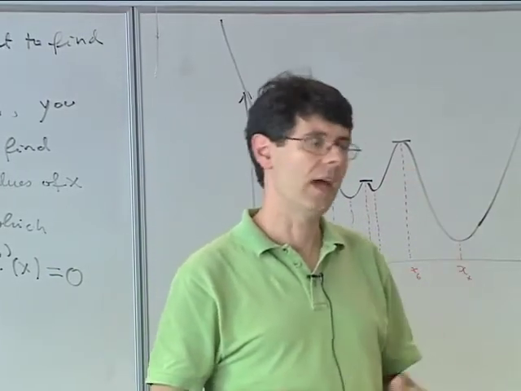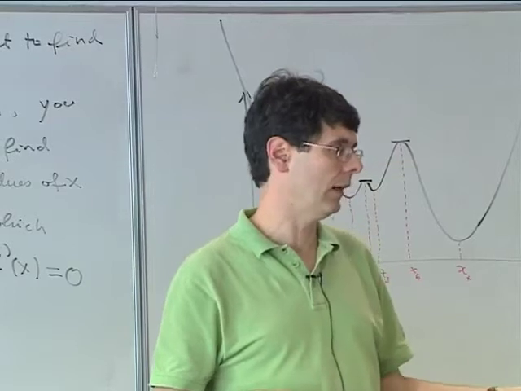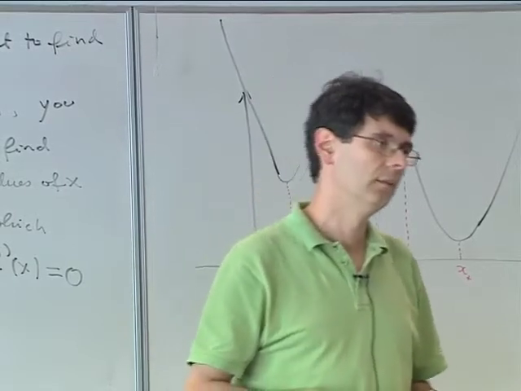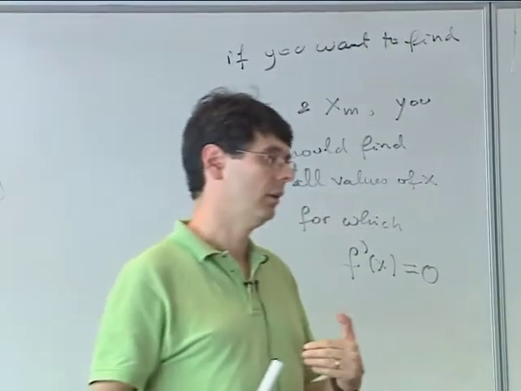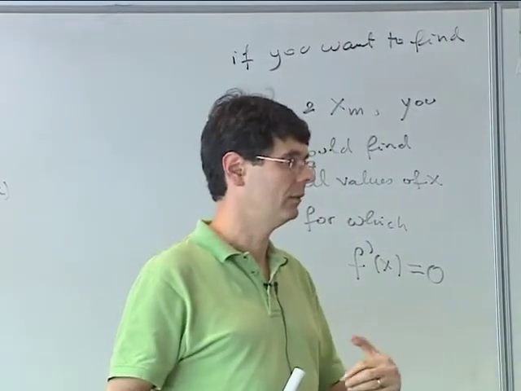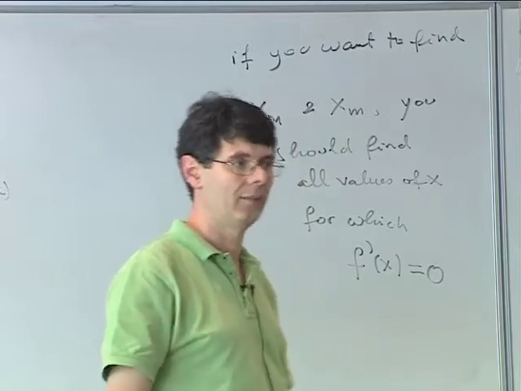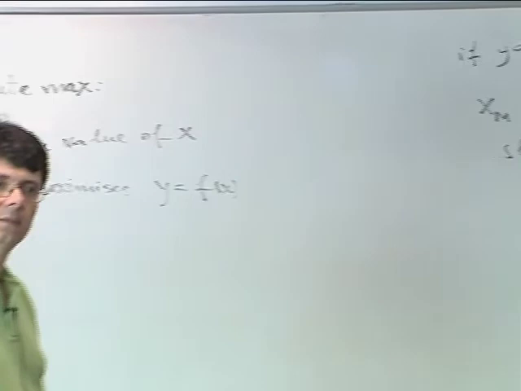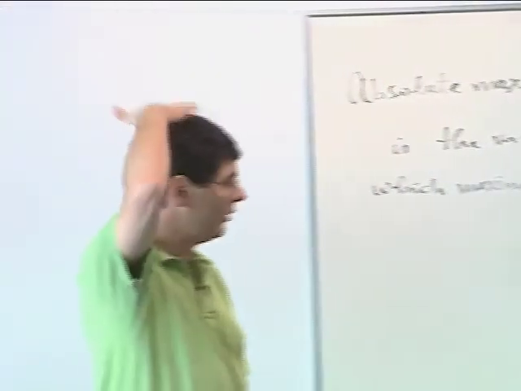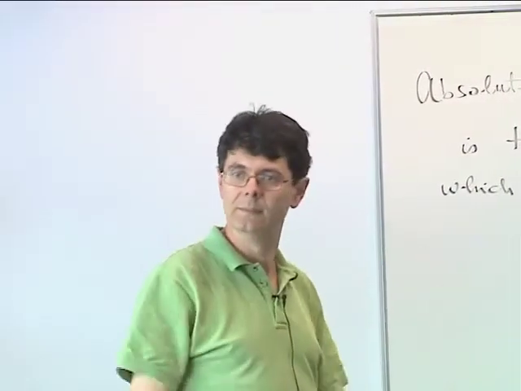Can't get higher than that in Australia. The global max for the world is Mount Everest. But there are lots of local max. The top of any hill is a local max. The top of my head is a local max. The highest point around me. Right?